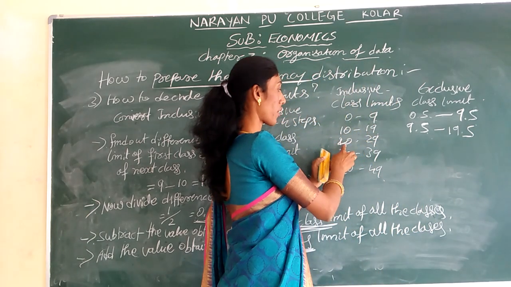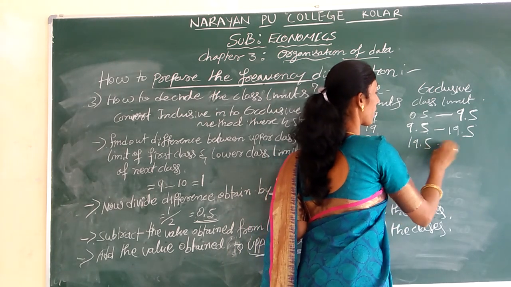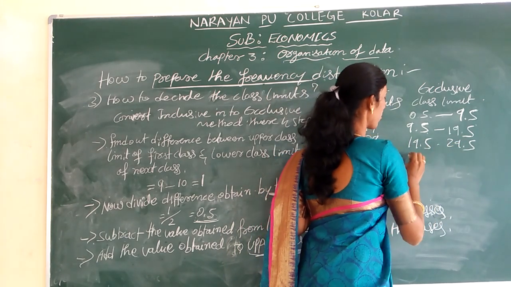Subtracting 0.5 from the lower class, we get 19.5 and 29.5.